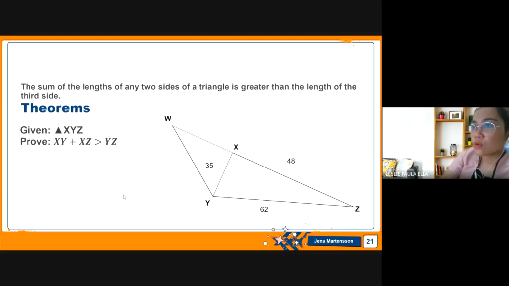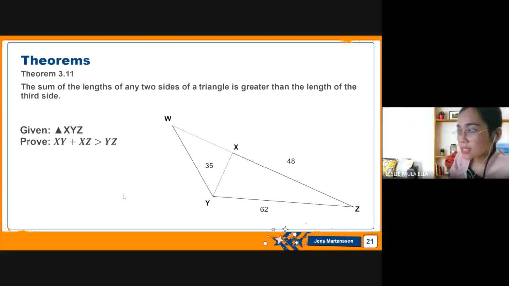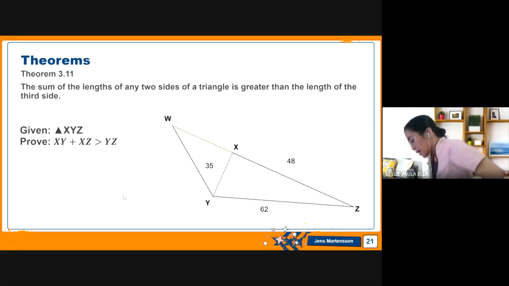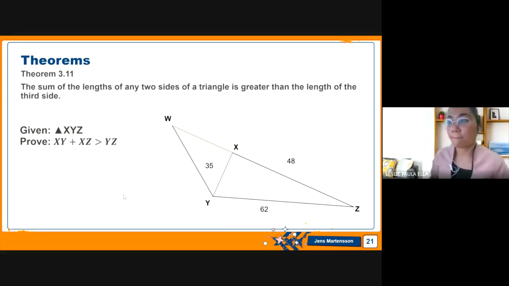Next, we have theorem 3.11, and this is also just like the concept of our first activity. The sum of the lengths of any two sides of a triangle is greater than the length of the third side. We have here an example of triangle XYZ.